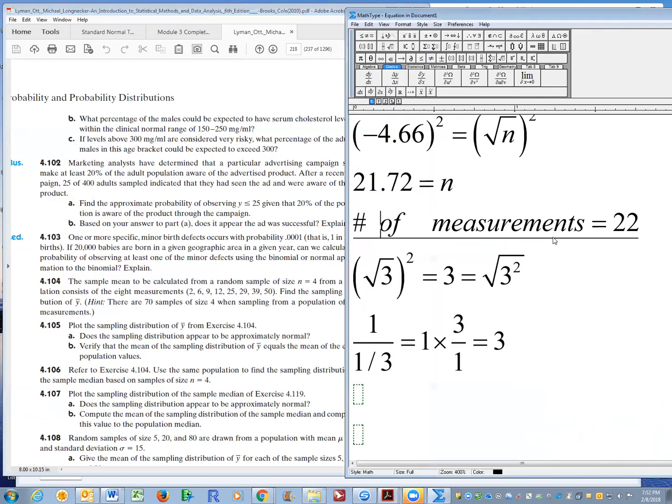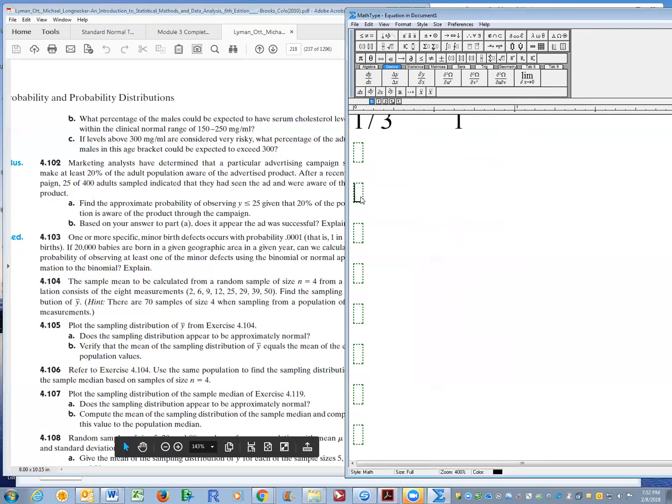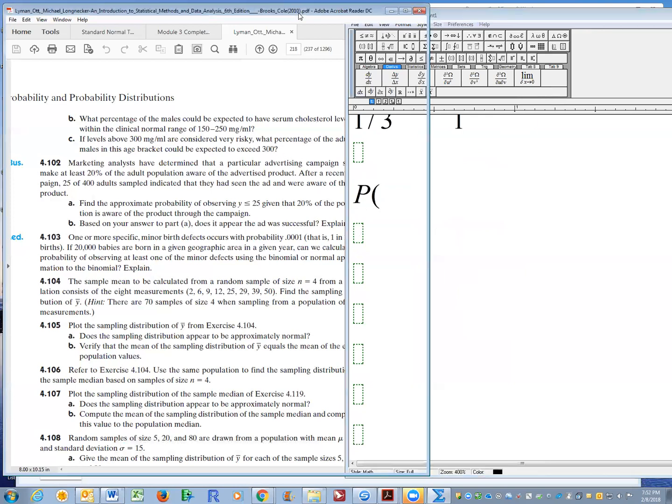I had someone that ran into, I think, a similar problem with what you had. So let's see here. So you have basically the probability that, what variable did you use?